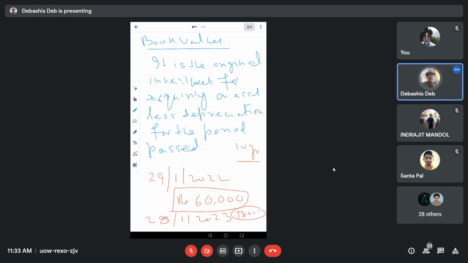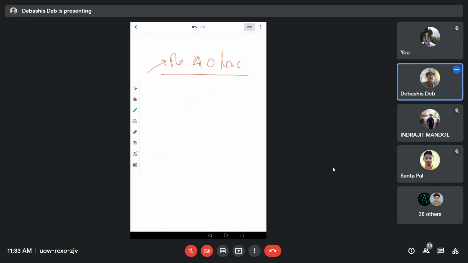Now say if it is being depreciated 2 lakhs per year, since it is purchased 10 years back, today there will be 10 into 2 lakh means 20 lakh depreciation. So book value 40 minus 20 lakh. So it is mentioned here, it is the original investment.